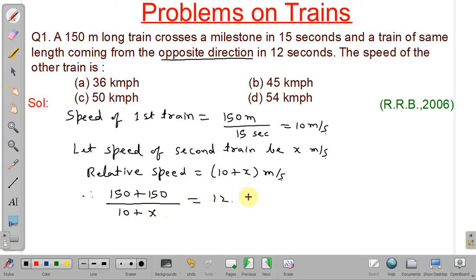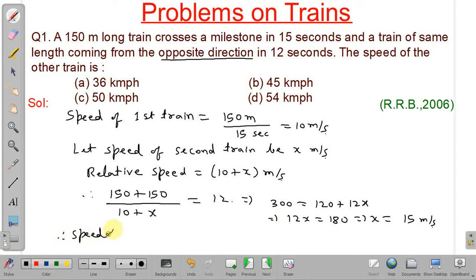So from this we can calculate 300 equals 120 plus 12x, and from this 12x equals 180, or x will be equal to 15. So 15 meter per second. Therefore the speed of the other train is equal to 15 meter per second.